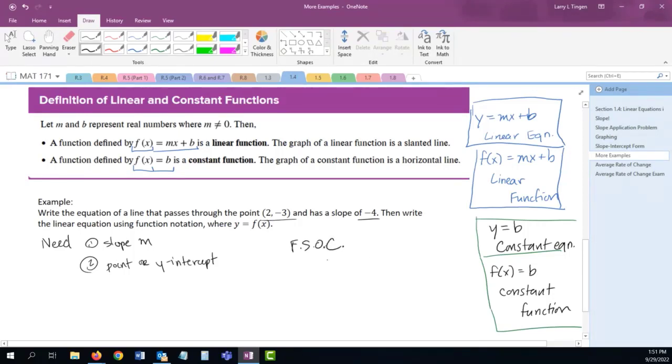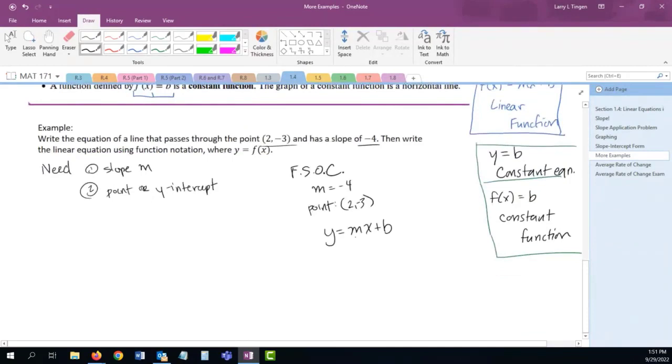And this says, for sake of contradiction, which means I'm about to do something wrong on purpose. Okay? The slope is -4, and then the point is (2, -3). So if I'm asked to write this as a linear equation or a linear function, all I gotta do is just plug in everything I know.